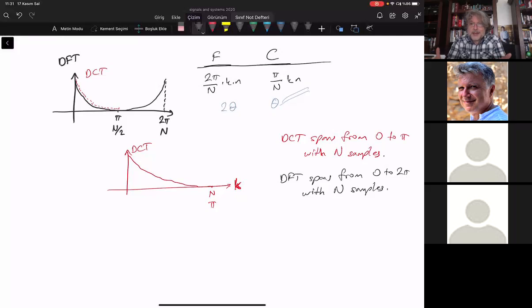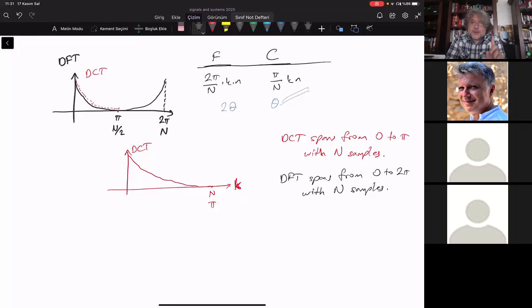Now you have n complex samples. Of course, you can chop them off with more efficiency. But still, you have twice the number of data. Half of them for real values, half of them for imaginary values, because DFT is complex. So that's why they don't use DFT.